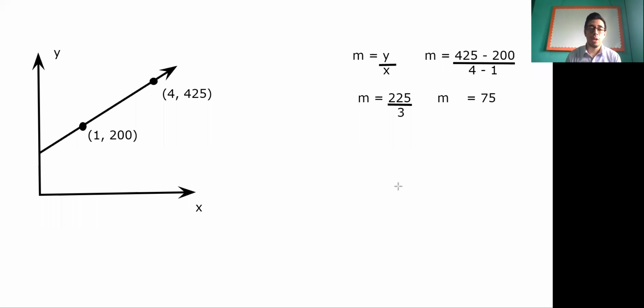Now, how can we use this point? This point is the y-intercept. This is the cost for the setup fee. This is a cost that is going to be there for all the hours. It doesn't matter if it is 4, 5, or 6 hours, he is going to obtain an amount of money for the setup fee.